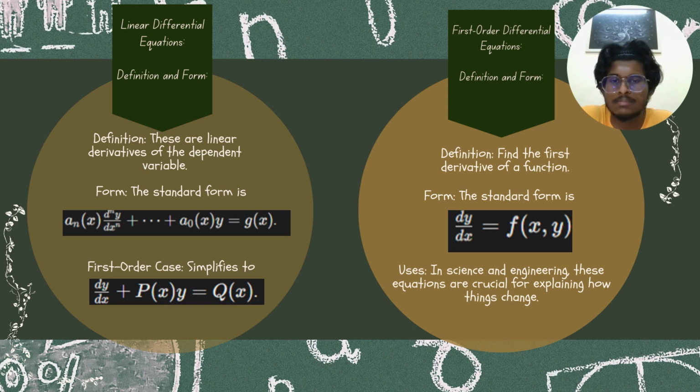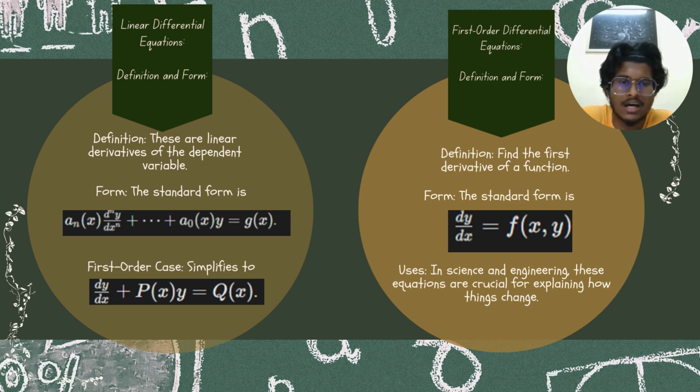The first order case simplifies to dy/dx + p(x)y = q(x). For the first order differential equation, the definition is finding the first derivative of a function, and the standard form is dy/dx = f(x, y). This is used mostly in science and engineering.